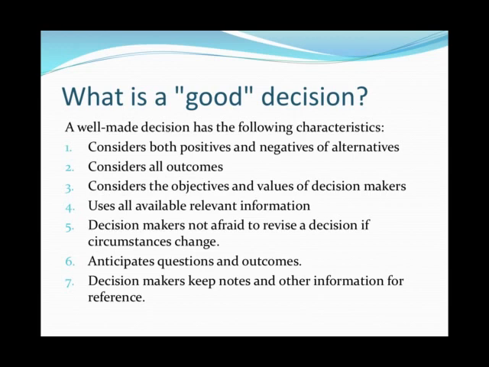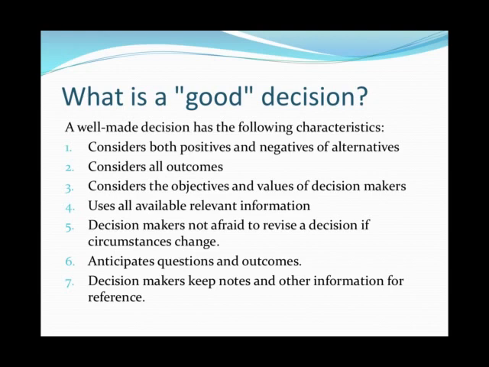It's my decision. Am I open to changing my decision based on that new information? That would make it a better decision. A good decision also anticipates problems and outcomes. If we're thinking about what problems might come up, or anticipating what might happen based on the decision, then it's a better decision.